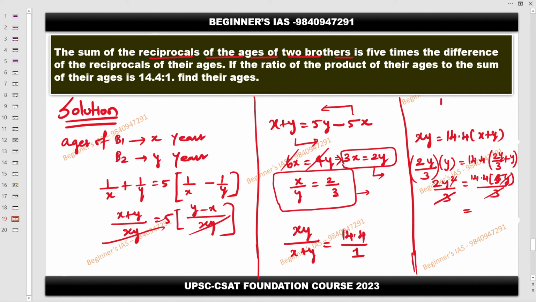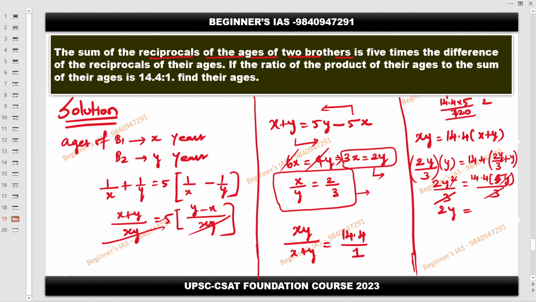So 14.4 into 5, then 0, 2, again 20, 2, 1. What is the value? 72.